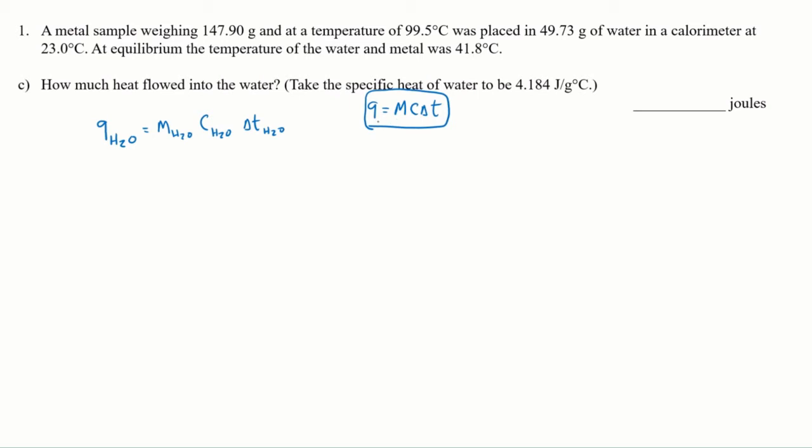Q is energy, M is mass, C is specific heat, and delta T is change in temperature.